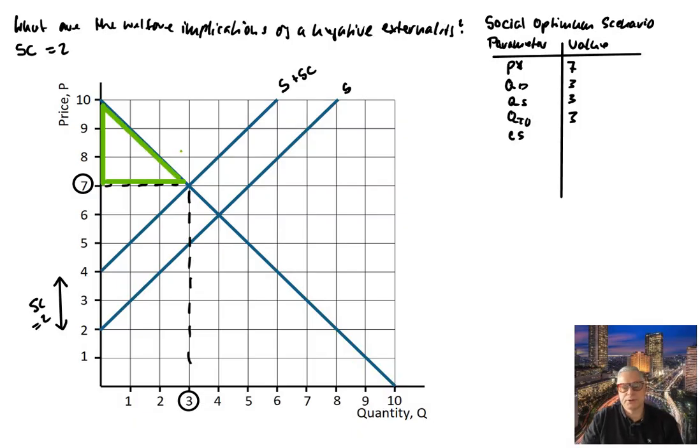Okay, so this is the consumer surplus. So we have an area of 3 times 3 over 2, so that's 4.5.